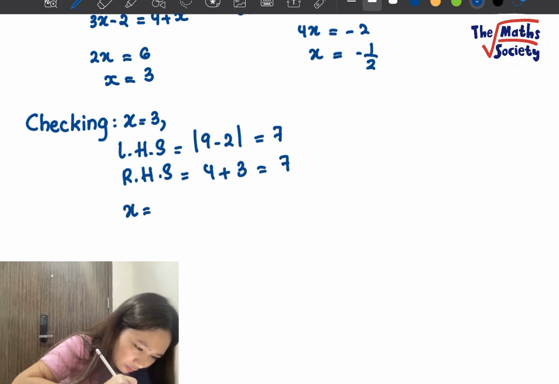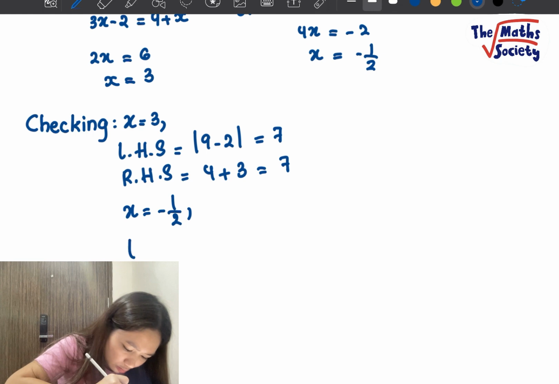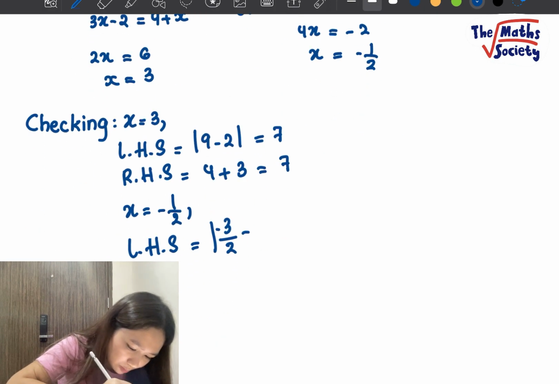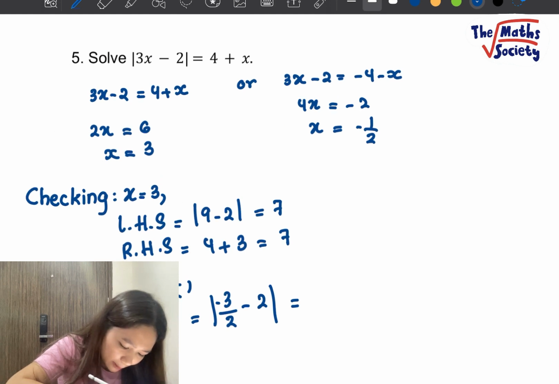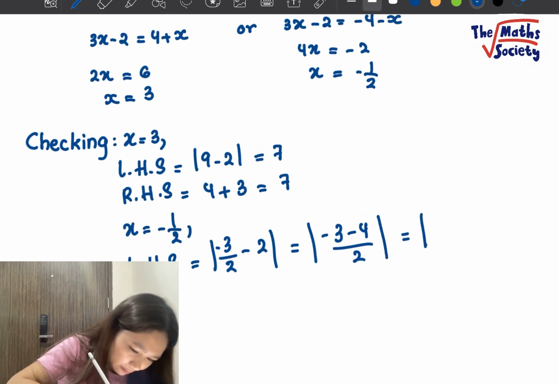So let's try for x is equal to minus 1 by 2. For left hand side, it's going to be modulus of minus 3 by 2 minus 2, which will give me minus 3 minus 4 divided by 2, which will give me minus 7 by 2, which is 7 by 2.